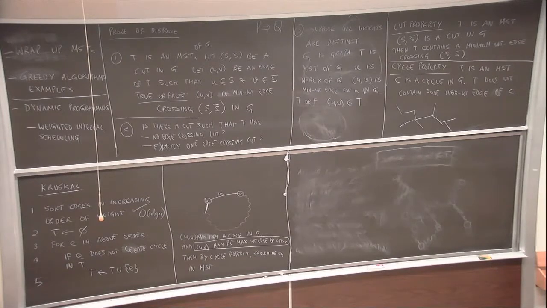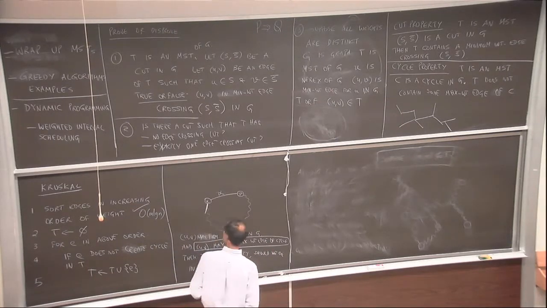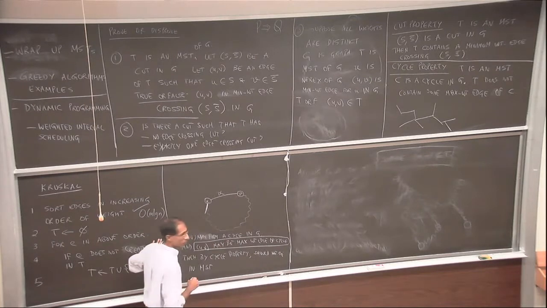One way to do it, we observed, was to write an algorithm to find cycles. So we can do a BFS, depth first search, whatever, from an edge, and try to see if it forms a cycle or not. But that's too expensive. We'll try to implement this in a smarter manner.